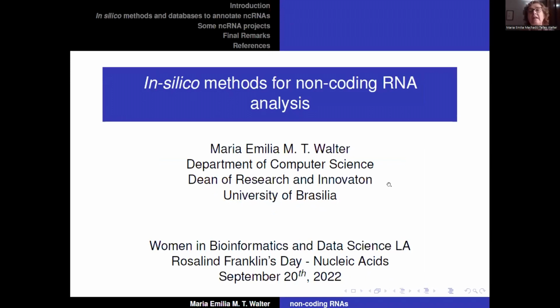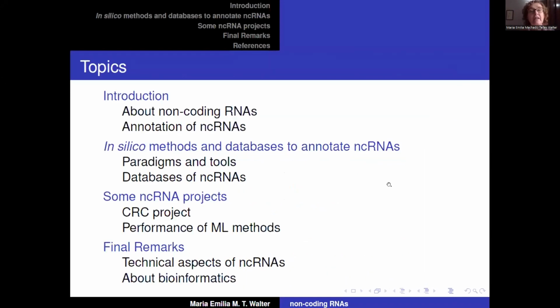I will talk to you about in-silico methods for analyzing non-coding RNAs. I will talk to you about 4 topics. First, I will introduce what non-coding RNAs are and how we annotate them.